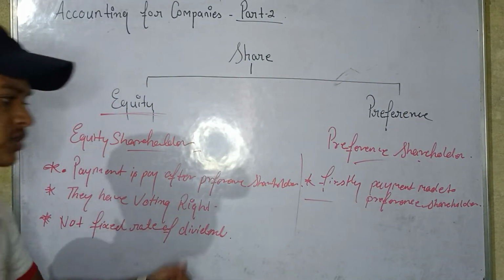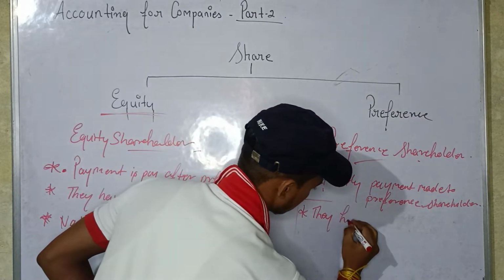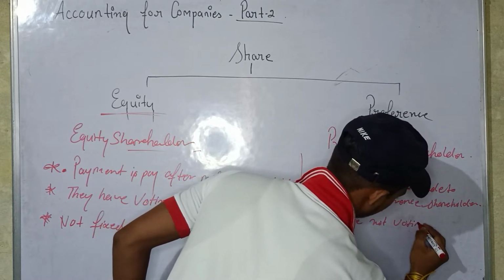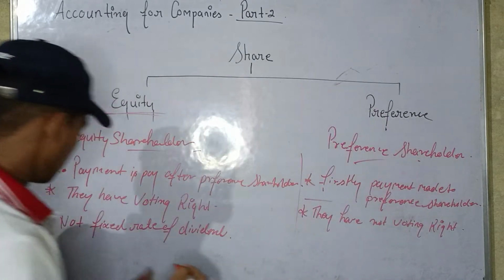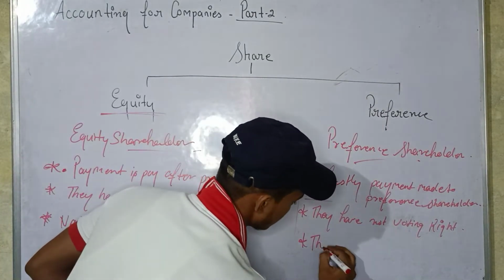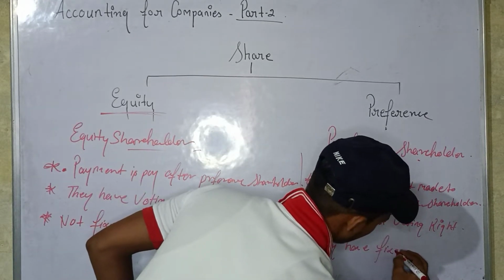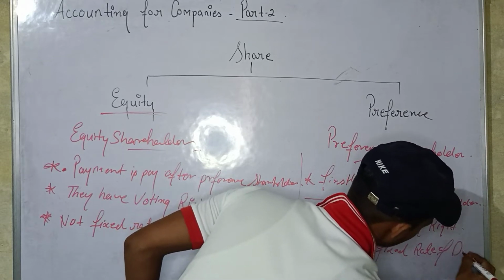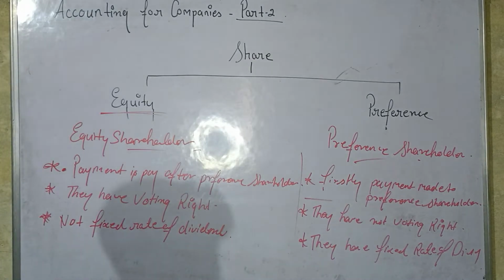Equity shareholders have voting rights; preference shareholders have non-voting rights. Equity shareholders have no fixed rate of dividend; preference shareholders get a fixed rate of dividend.